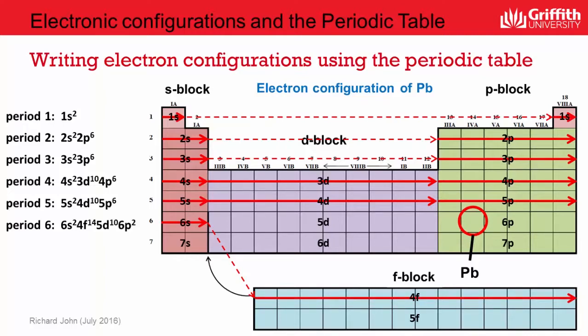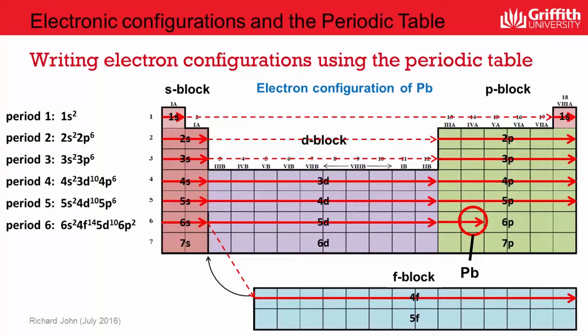So 6s2, 4f14, before coming back to the 5d subshell filling there. When we get to this part of the periodic table, we're at element number 80, and we've only got these 2 elements here to go to get to element number 82. So the electron configuration corresponding to traversing across period 6 is 6s2, 4f14, 5d10, and 6p2 when we hit lead at number 82.